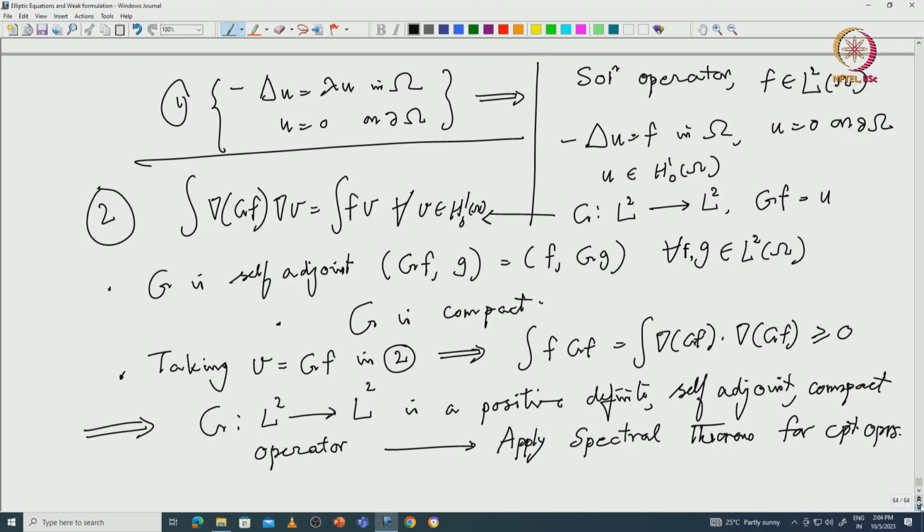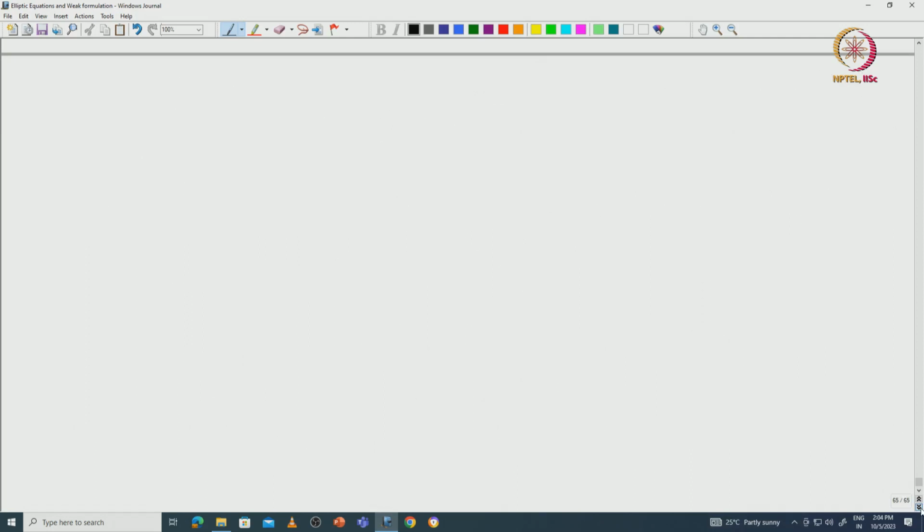Once you apply the spectral theorem for compact operators, what do you get?